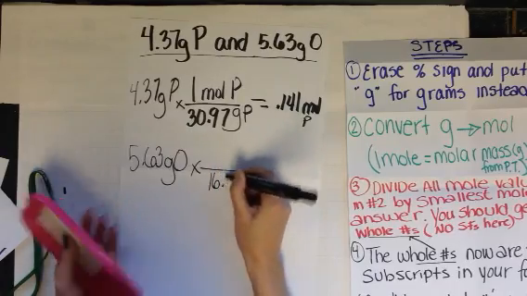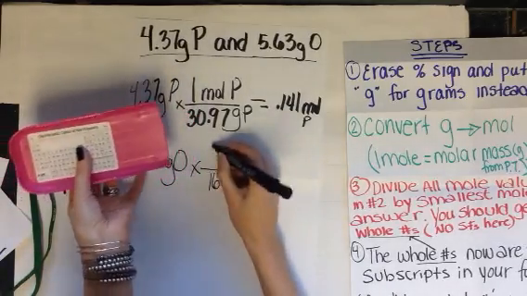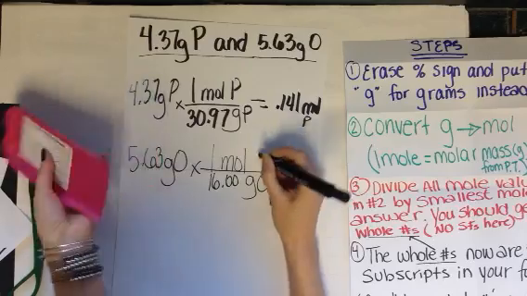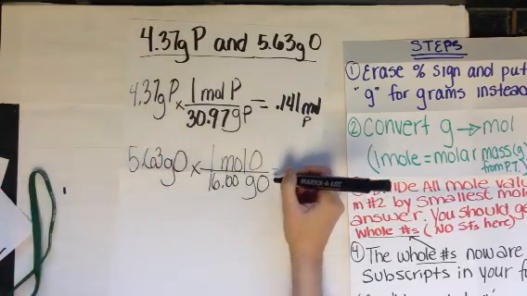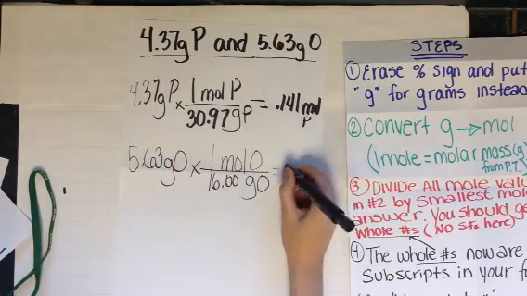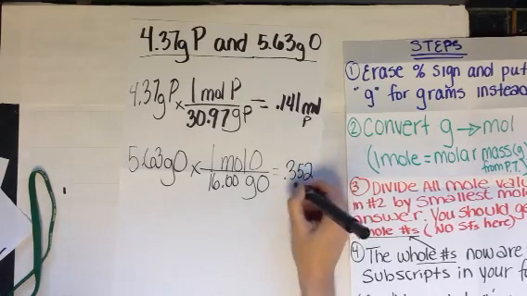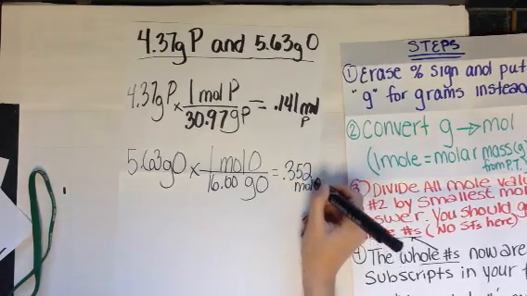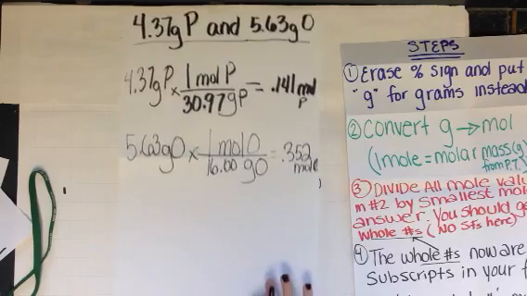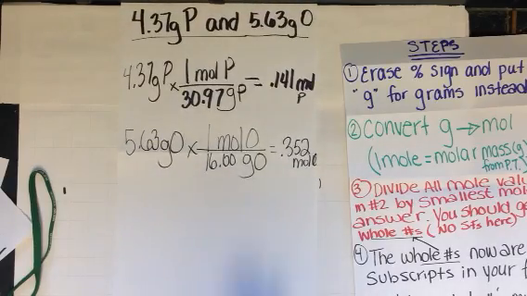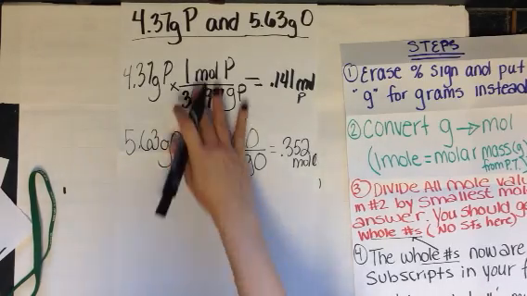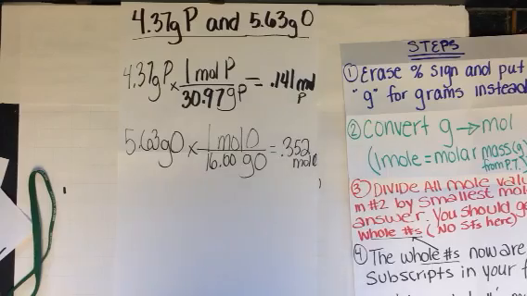I know there's 16.00 grams of oxygen on the periodic table in 1 mole of oxygen. And when I divide these out, I get 0.352 moles of oxygen. Remember, it is not diatomic because it's going to be in a formula. P and O are going to be in a formula. What is their formula, right? P and O. So we're doing all these steps to figure out what are the subscripts.